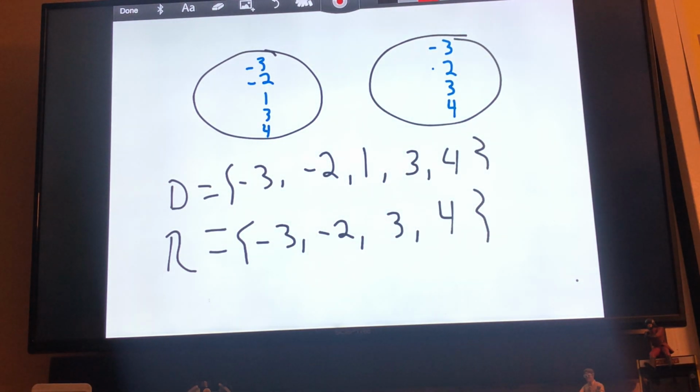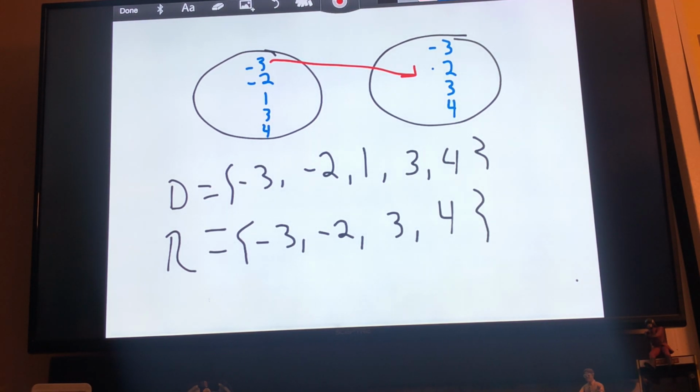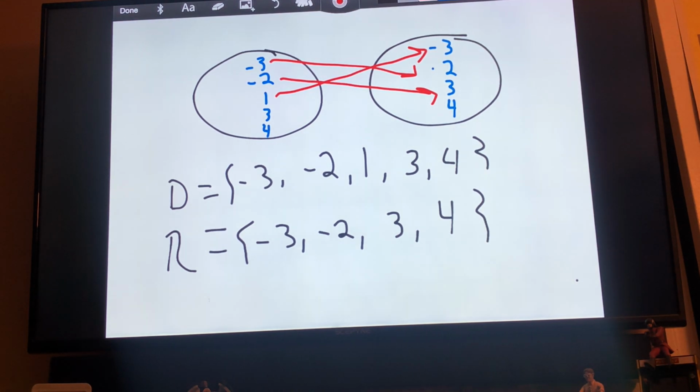Where does -3 go? -3 goes to -2. -2 connects to 3. 1 goes to -3. 3 goes to 4. And 4 goes to 3. If you notice, -2 and 4 share 3, and that's okay. That's why we only wrote it one time down here. You don't have to write it twice. Again, this is your domain on this side, and this is your range.